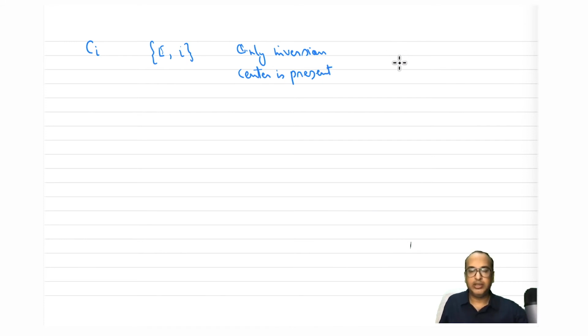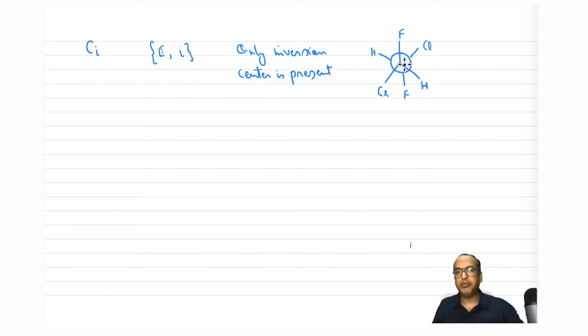An example is a staggered fluoro-chloro compound, with Cl and F going opposite to H. The inversion center lies in the middle of the C-C bond, and that's the only symmetry element present.